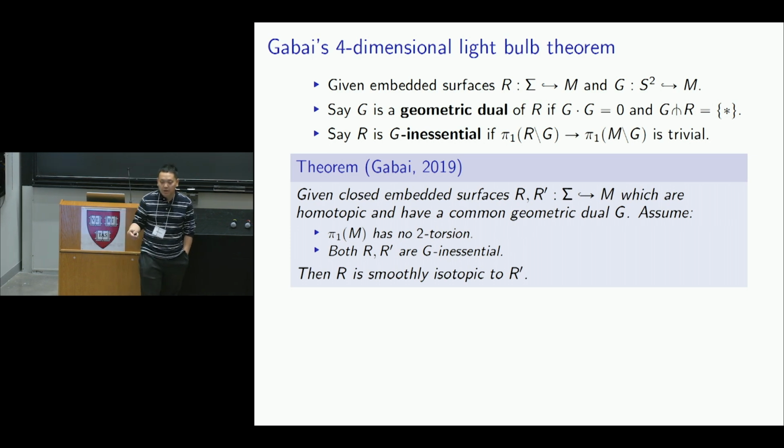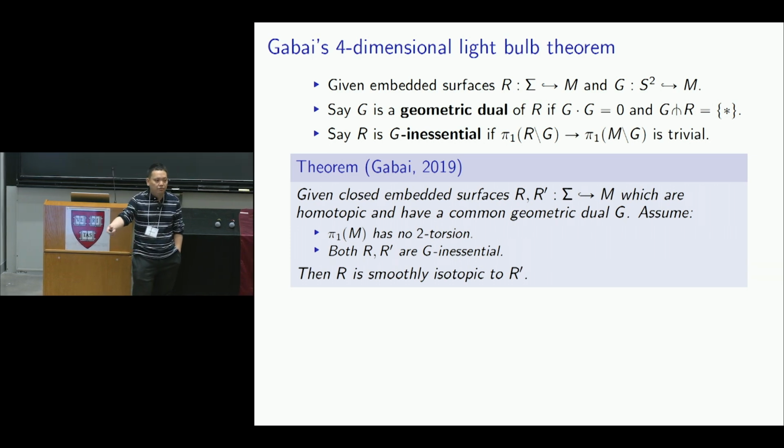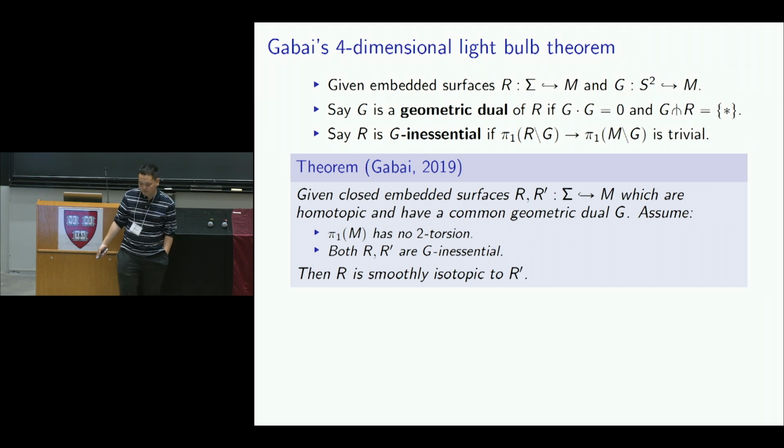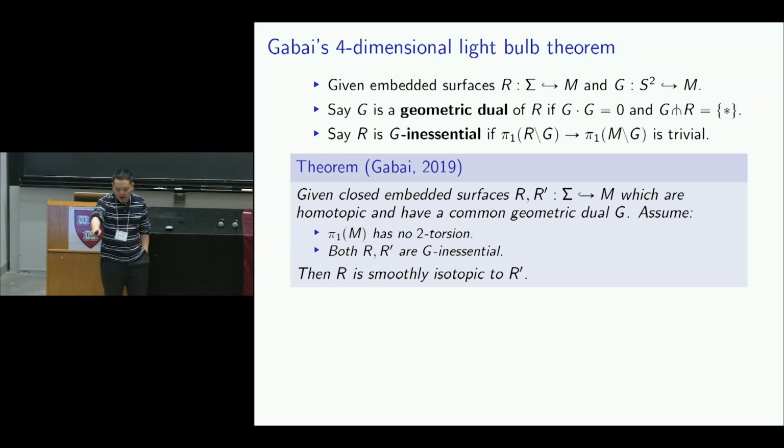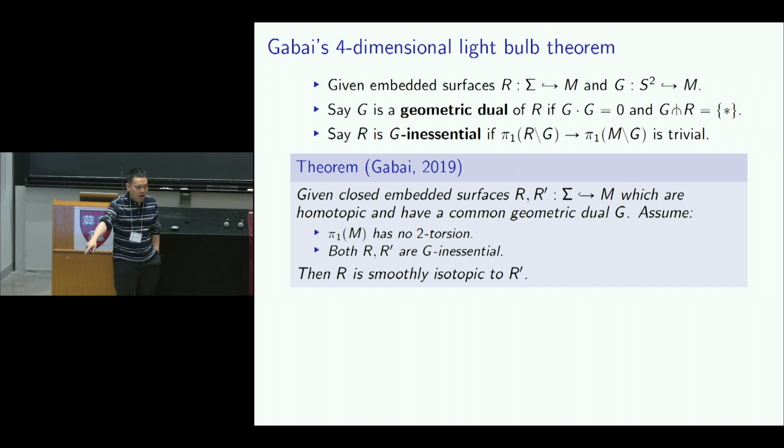First, the fundamental group of the ambient four-manifold has no two-torsion, and both surfaces are G-inessential. The second condition is automatically true if you just think about embedded spheres, but for higher genus, this is a necessary condition. Under these two conditions, Gabai proved that R is smoothly isotopic to R prime. These two surfaces are just isotopic to each other.